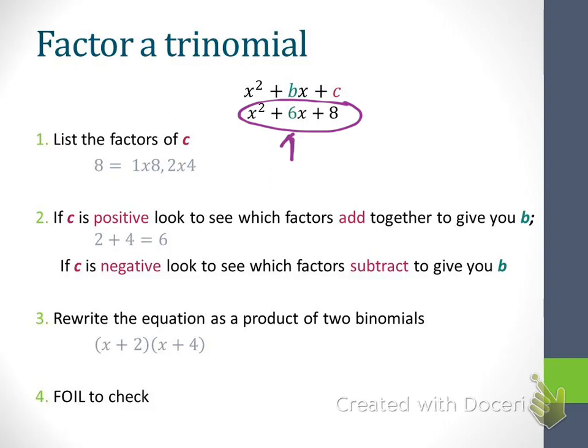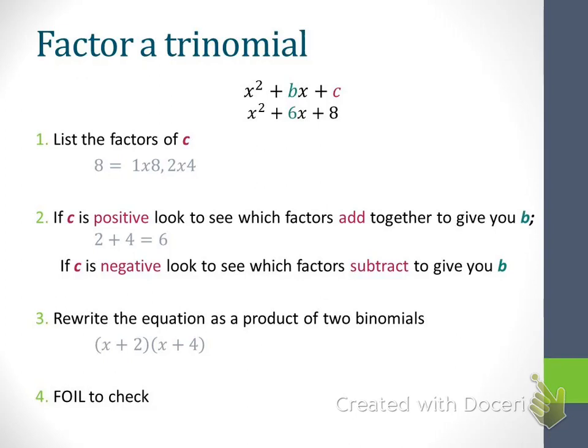First of all, if I don't see a number there, what do I know is there? 1, okay? But I am not even worried about writing that 1. I don't want to bother with it. It doesn't add anything to my problem if I write it, and it doesn't take anything away if I don't write it. So I'm just going to skip that step, and I'm going to leave it as x squared plus bx plus c.